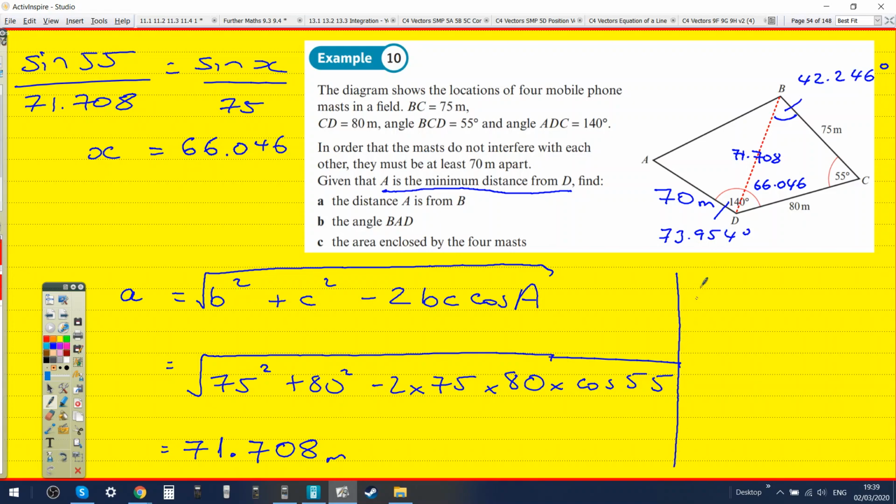So is that again just a squared equals b squared plus c squared minus 2bc cos A? Yeah.